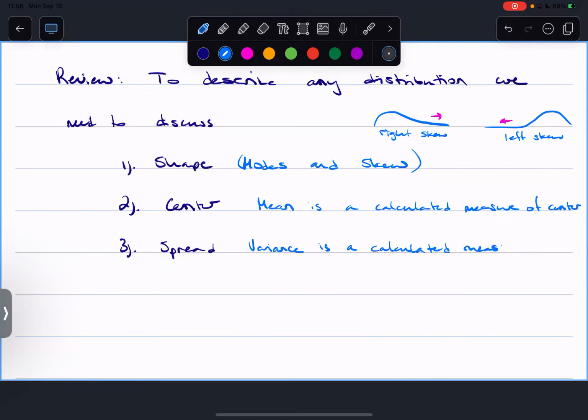We're going to introduce a couple more today. So we'll have a few more up our sleeves. And wouldn't you know it, it comes down to what shape we have. So the shape of the distribution is going to tell us what the appropriate measures of center and spread are.